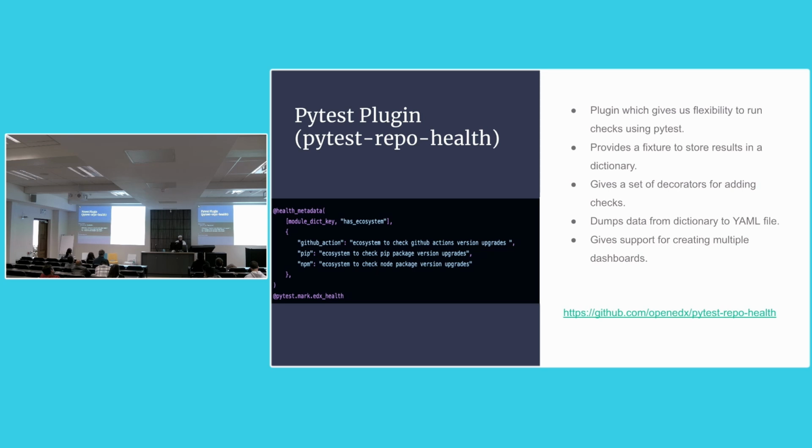Also, this plugin gives us a set of decorators for defining checks. It helps in writing metadata of the checks, so we can compile a list of metadata of the checks, saying which check is doing what. It's like a short description of the checks.